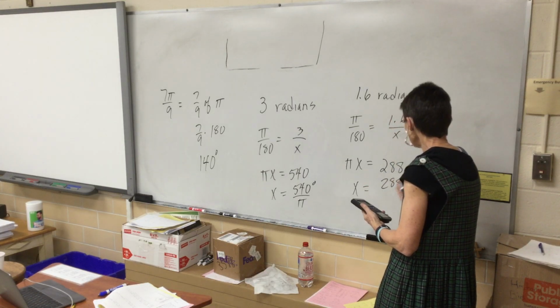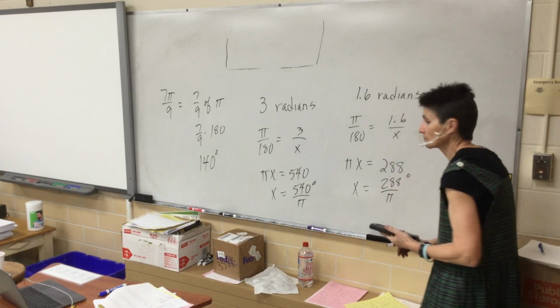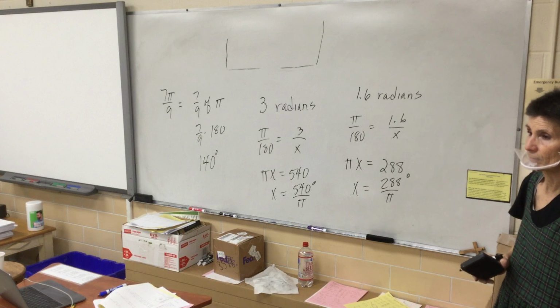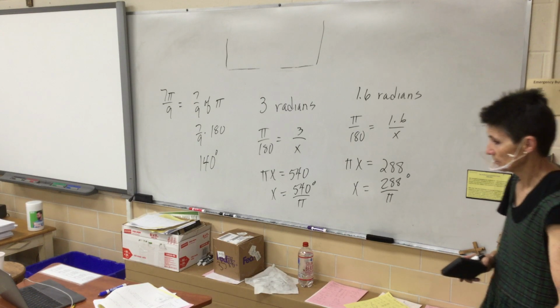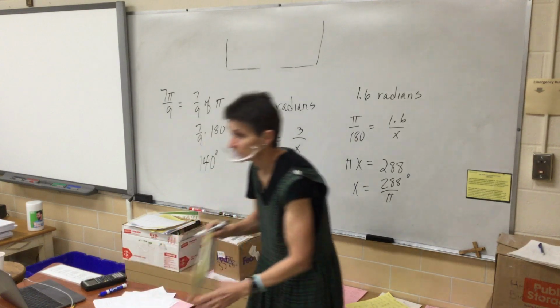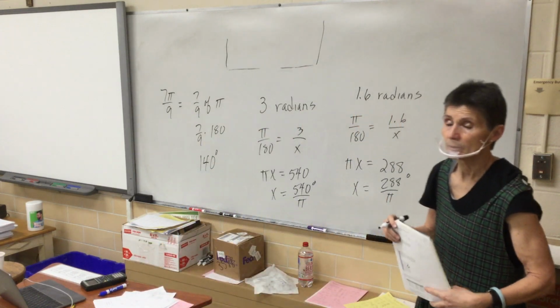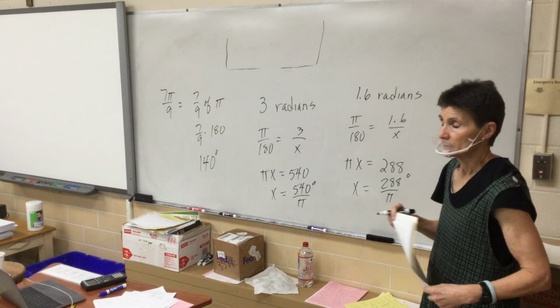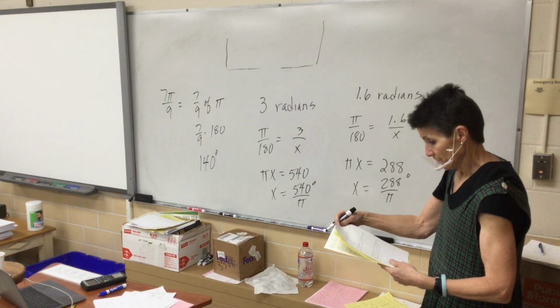So I got 288 over pi. Pretty easy, right? All right, let's look at the next one.